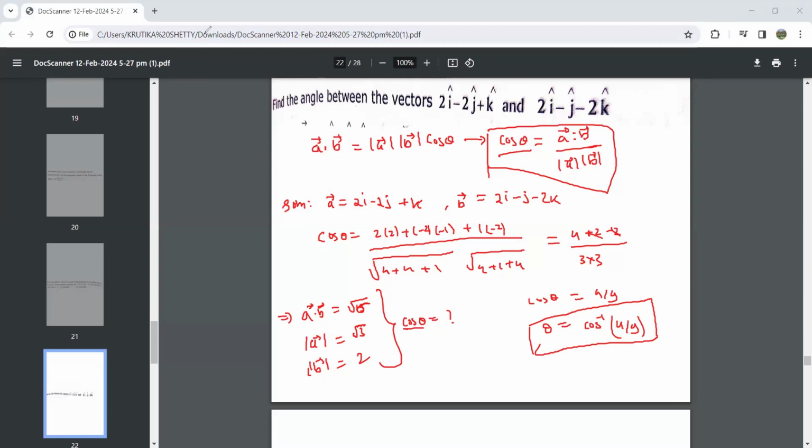Okay, did you all get the answer? What will be the answer? Students, what will be the cos theta value? Or what will be the angle theta? Just type it in the chat box if you have obtained the answer, and then we will discuss the next question.